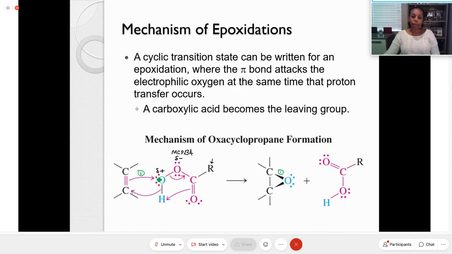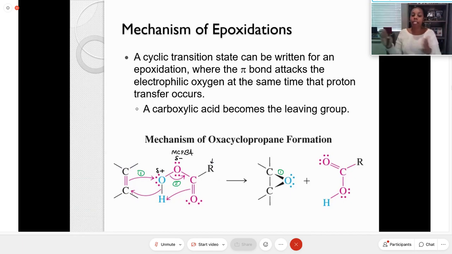Now, if we make that bond to oxygen, oxygen has a full octet here, so something has to give. We have to do this arrow here. This is our arrow number 2. Now, with this, we're moving electrons. Remember, the other oxygen has a partial negative, so electrons are being pulled toward it, and we could get an oxygen with a negative charge, or it can say, oh, I'll just pivot them.